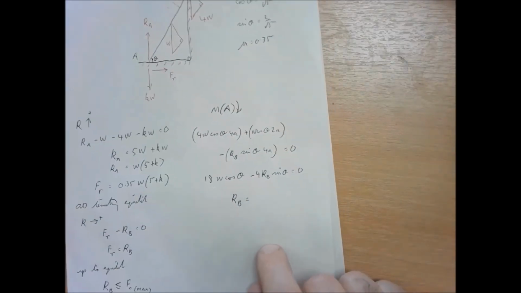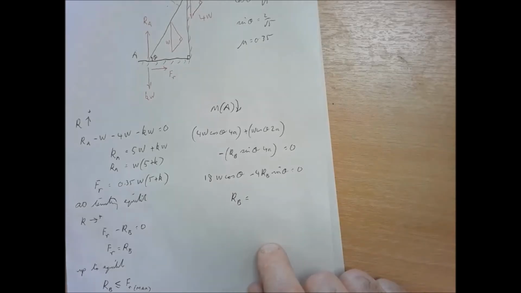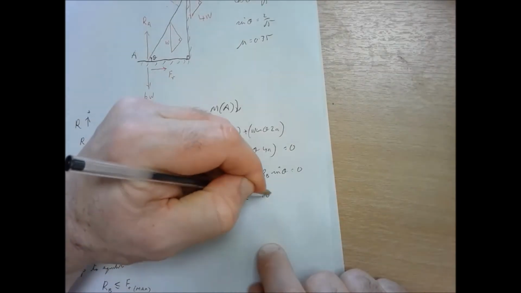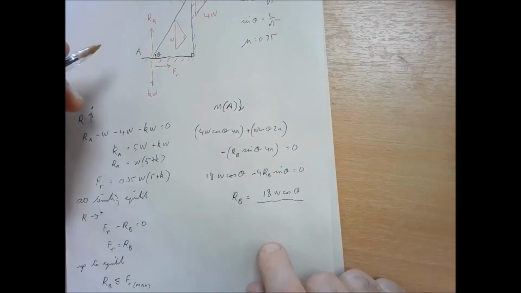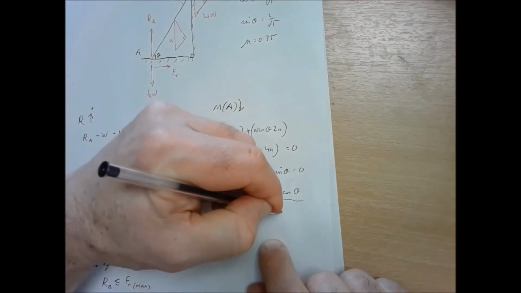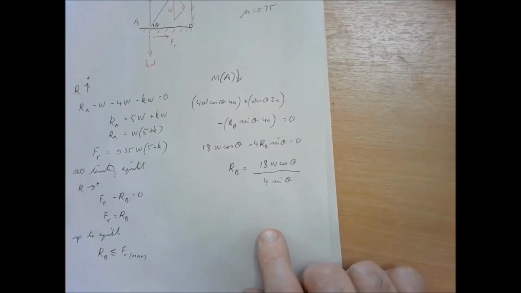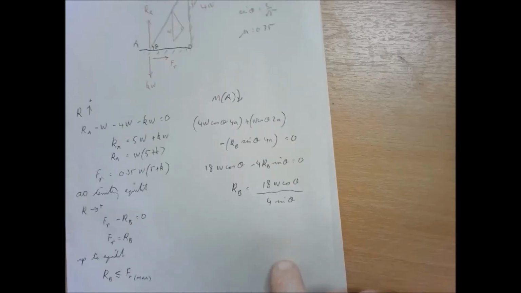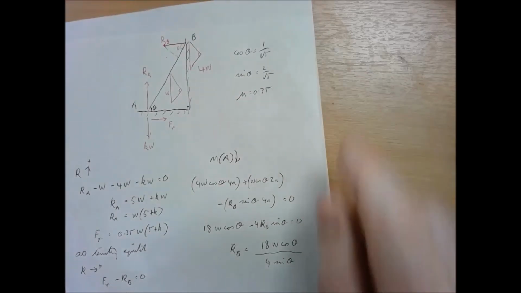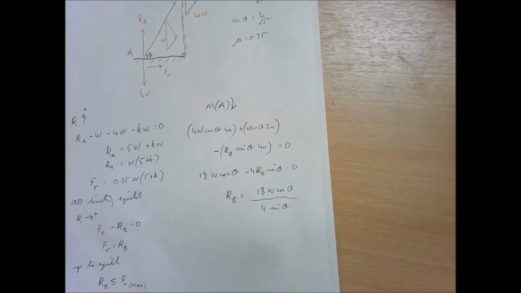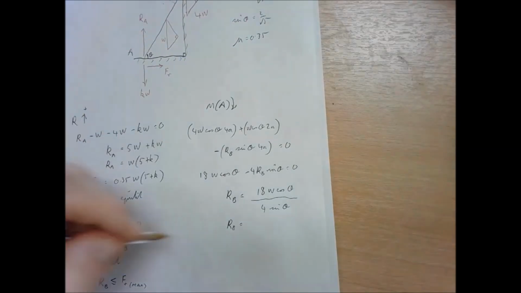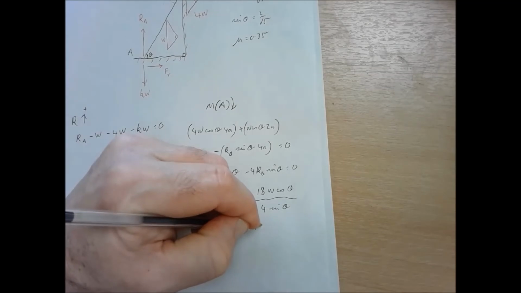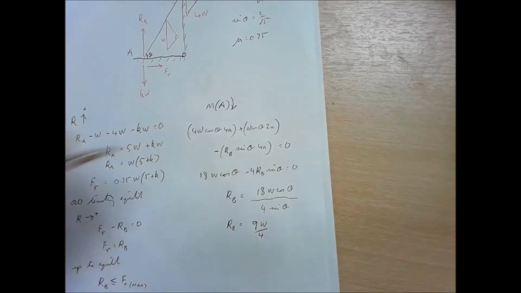RB equals 18W cos theta over 4 sine theta. Now I know what cos theta is because we've got it up here, and I know what sine theta is, they're just numbers, so I can work all that out. RB equals 9W over 4.